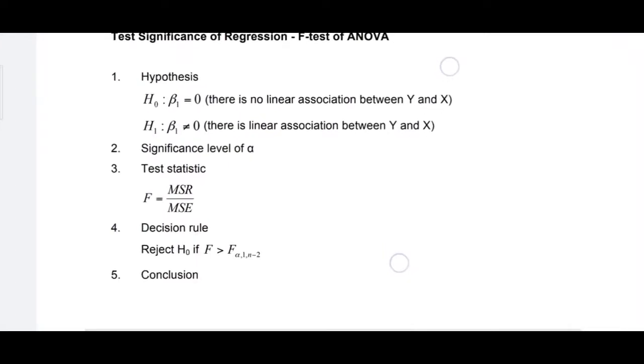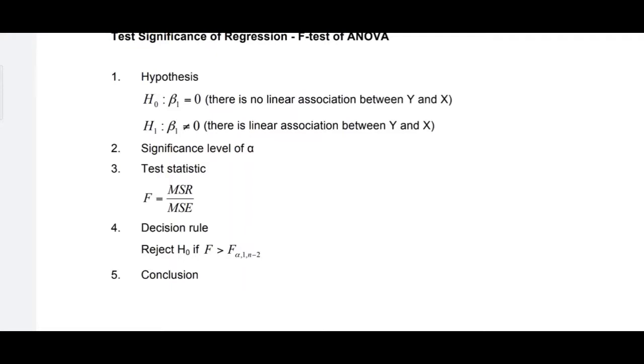So we need a hypothesis, H0 and H1. Because we deal with simple linear regression, there is only one parameter, beta 1. Beta 1 equals 0, beta 1 not equal to 0. If beta 1 is 0, it means that the slope is 0. If the slope is 0, you will not have a regression line.